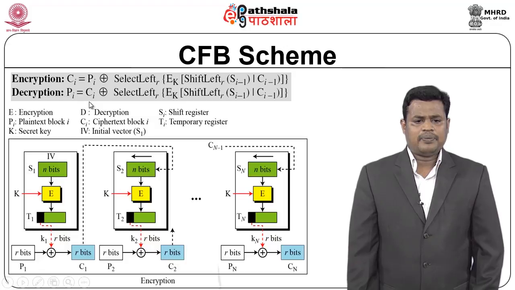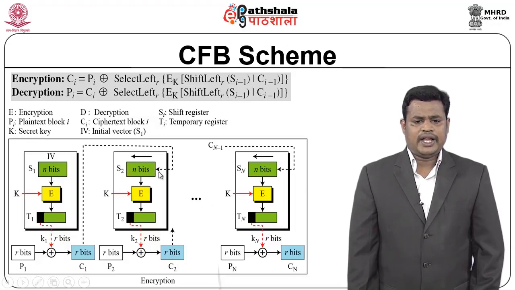So, PI, that is C is equal to PI XOR of the encryption key with the left shift, left R, then SI minus 1 or CI minus 1. Here SI is the previous SI, from S2.